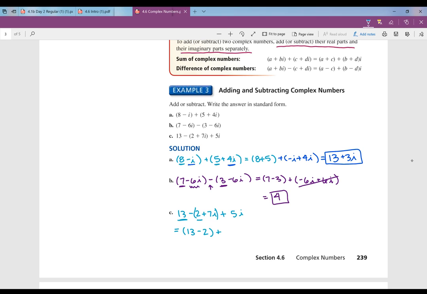And then we need to do our 7i plus 5i. But we have to remember we were subtracting our 7i, right? We have that minus. So really we're doing negative 7i plus 5i. Okay, so 13 minus 2 is 11. Negative 7i plus 5i is minus 2i.